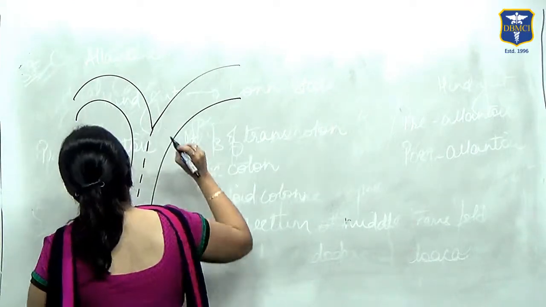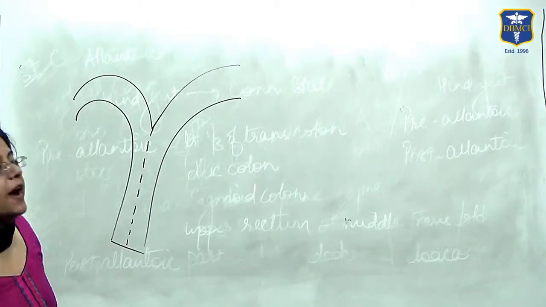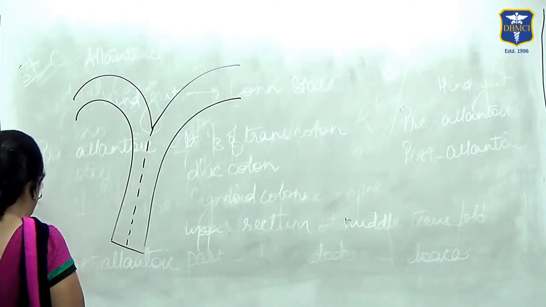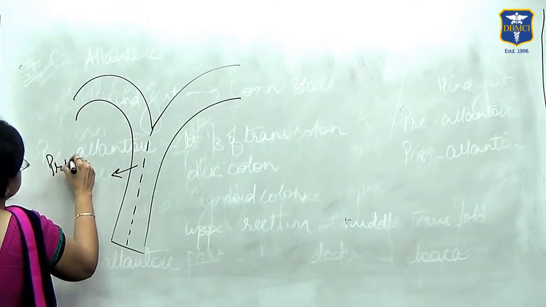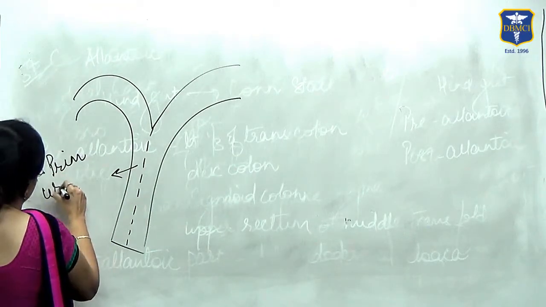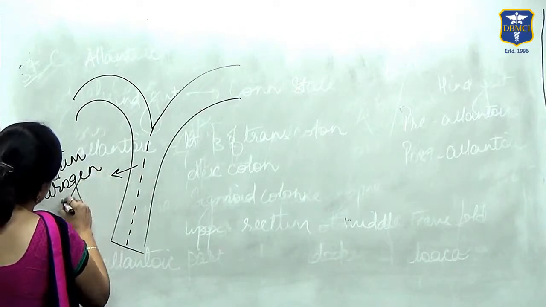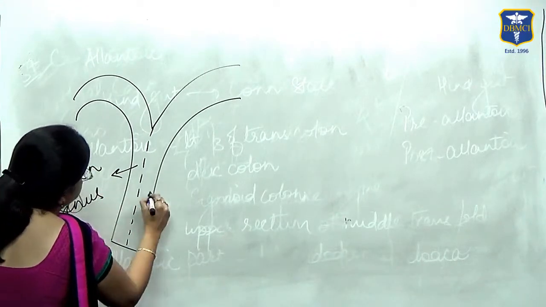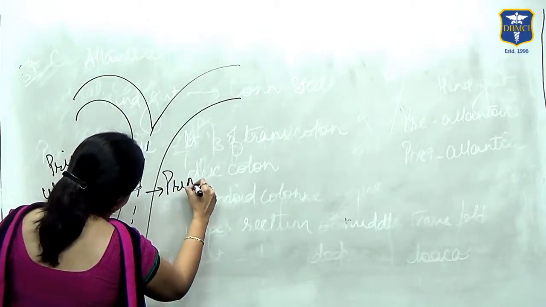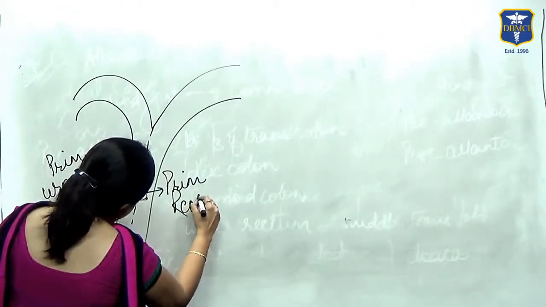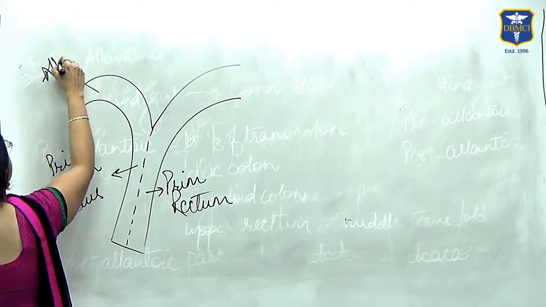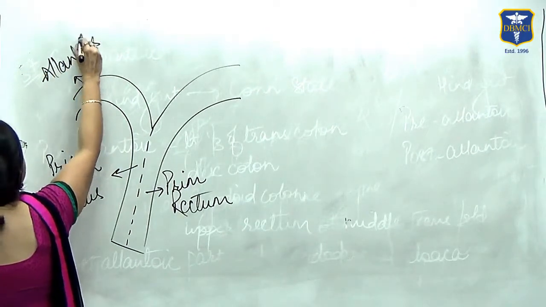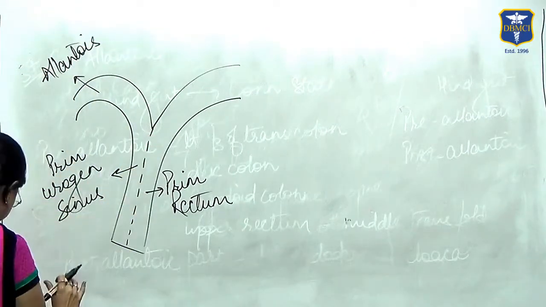The urorectal septum divides the cloaca into two parts, the primitive urogenital sinus and the primitive rectum. This is the allantois. And this part is the cloaca.